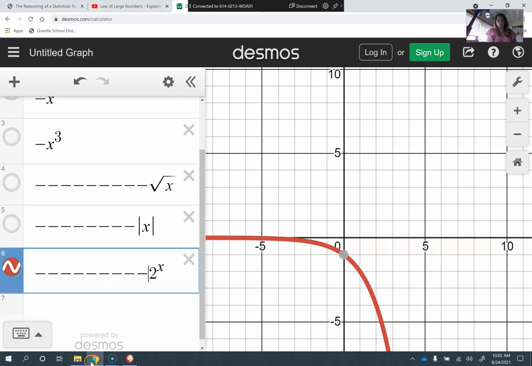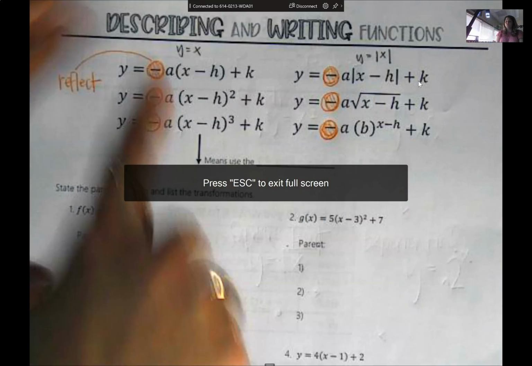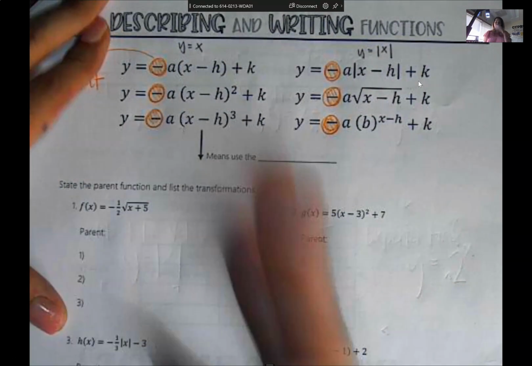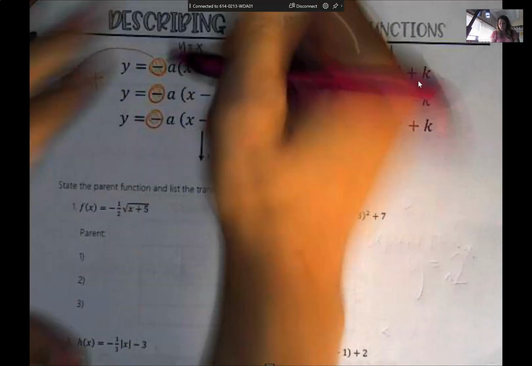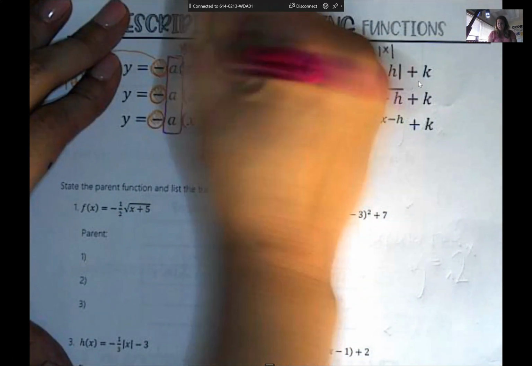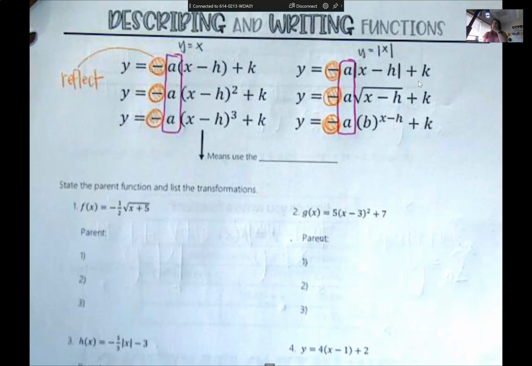So then our next one, and you don't have to do all 4 things, but if you have a negative on the front, that means you flipped it. If you have a number on the front, so the letter A represents a number.